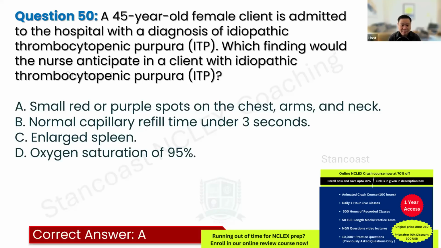Letter C, enlarged spleen, is not a characteristic of ITP, though the spleen may be removed if steroid treatment fails. And letter D, oxygen saturation of 95. We know that ITP affects bleeding but does not impact oxygen delivery to the tissues at this rate.